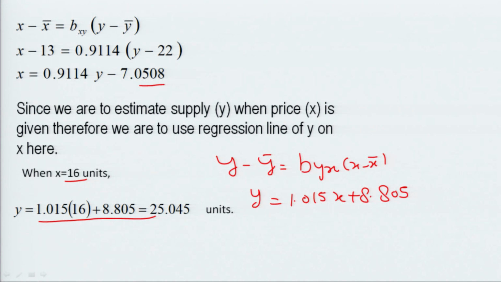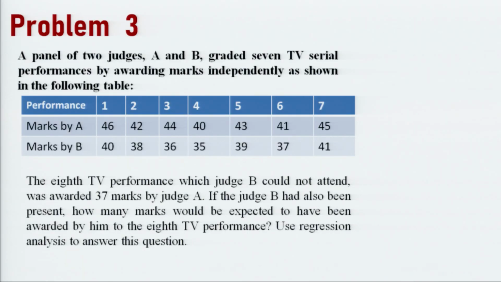Here x is 16, so we put 1.015 into 16 plus 8.805, and solving we get 25.045 units.